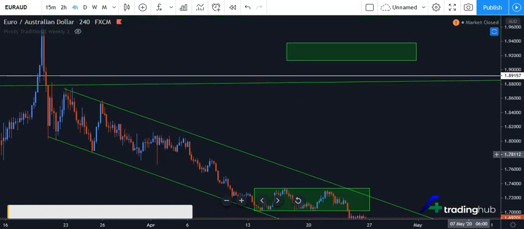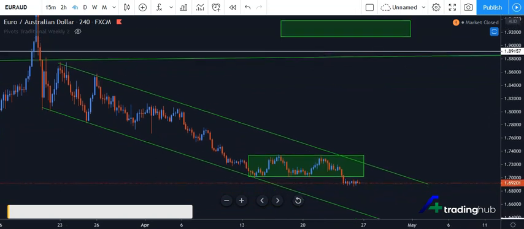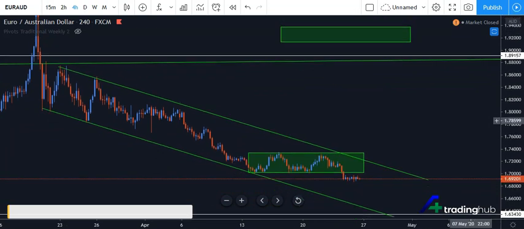So here is the Euro AUD chart. Price has been carving an ending diagonal, and this has been moving this way since the beginning of this month, in fact since late last month, since 23rd of last month.